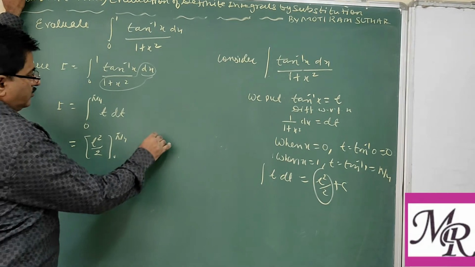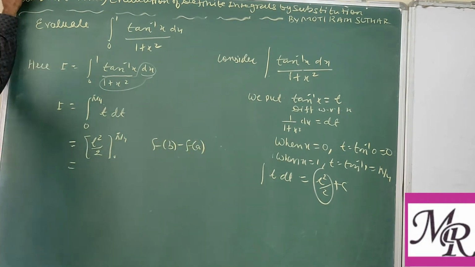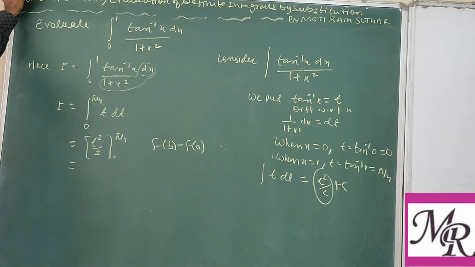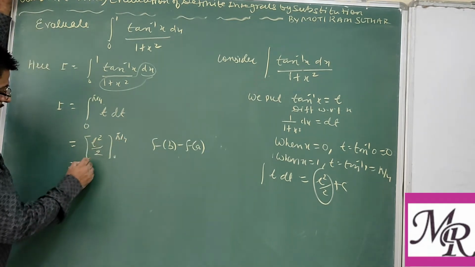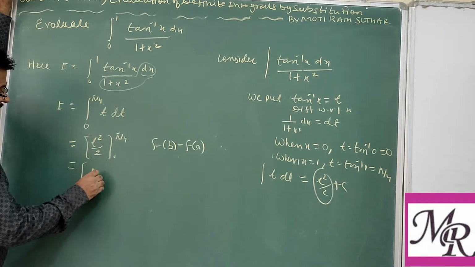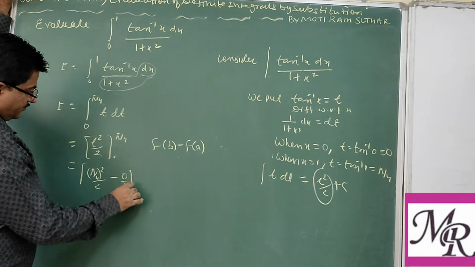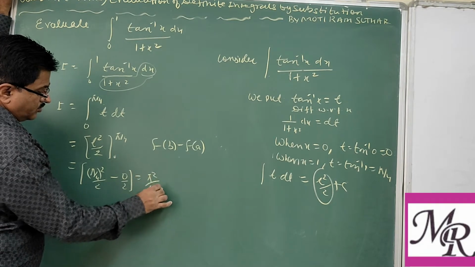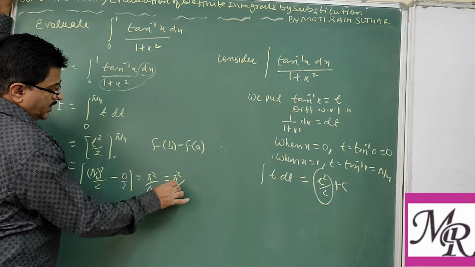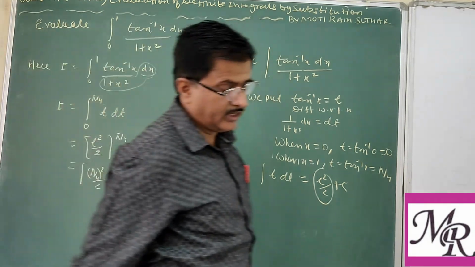Here we have to use the fundamental theorem of calculus: antiderivative at the upper point minus antiderivative at the lower point. So put the value, t means pi by 4. So (pi by 4) square by 2 minus 0 by 2. That is pi square by 16 into 2. So in this way you get pi square by 32.